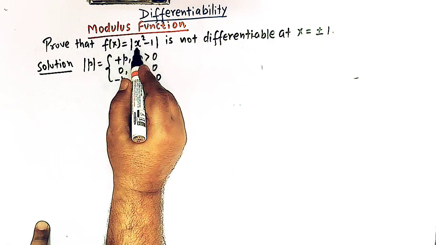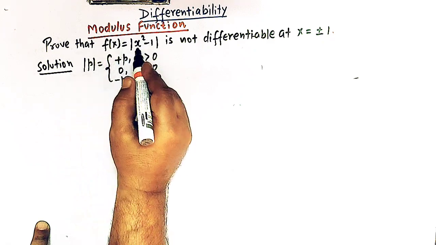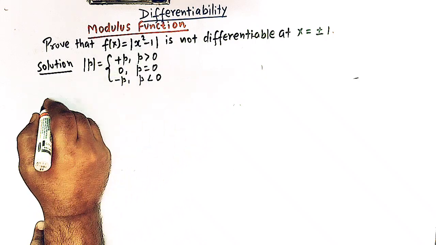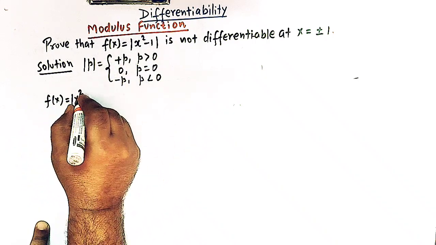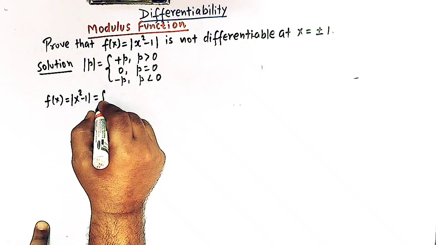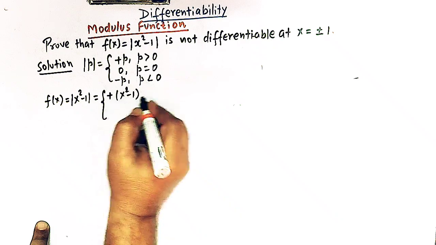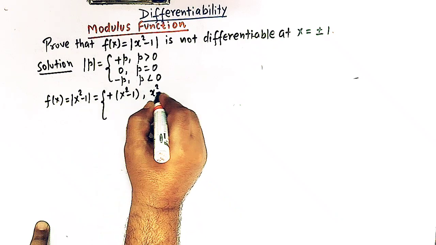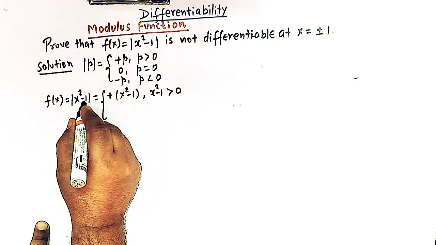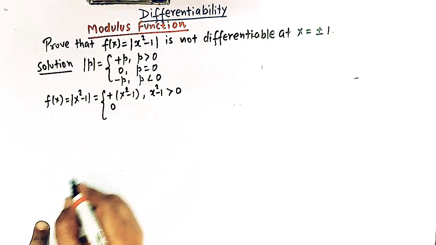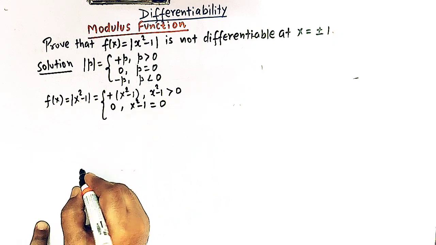So here we have mod of x square minus 1. Let us replace this p with x square minus 1. So we can define f of x, that is mod of x square minus 1, like this: positive x square minus 1 when x square minus 1 is greater than 0, and mod of x square minus 1 is equal to 0 when x square minus 1 is equal to 0.